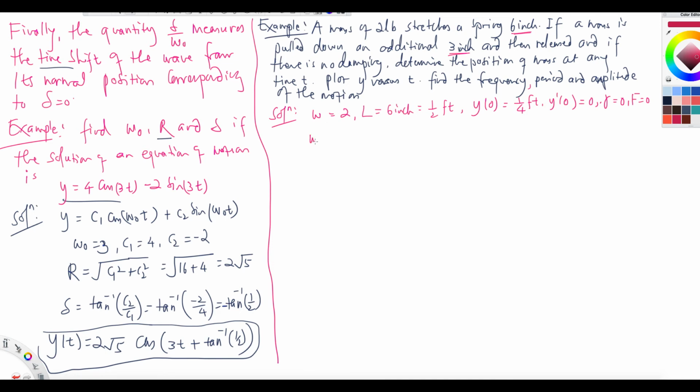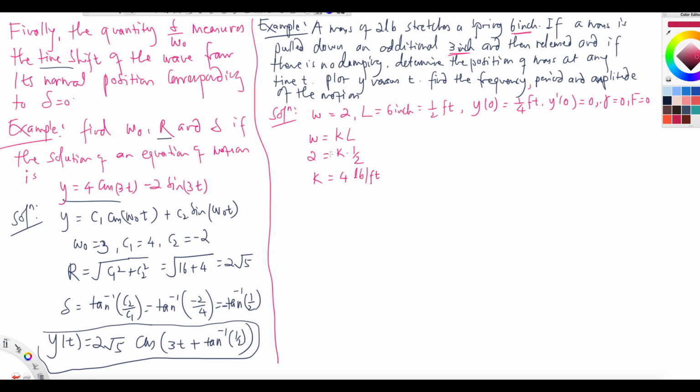W equals k times L, right? W is given as 2, L is 1/2, so K is 4. If you want to write the units, 4 pounds per foot. That is the spring constant, okay, guys?